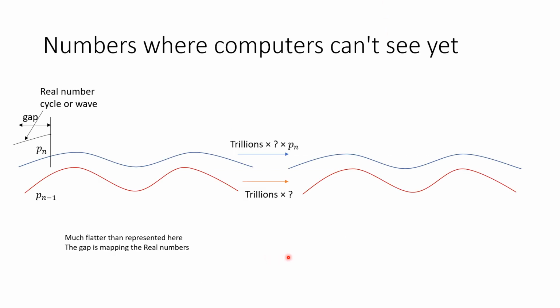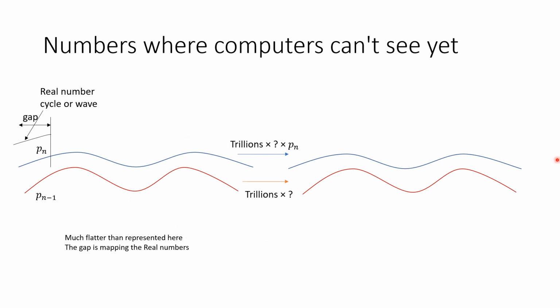Okay, this sketch is not representative in size, neither the gap, but we have here Pn and Pn minus 1. They're gonna look very similar, as you can see now. But this is at huge numbers, of course. The one on top is gonna be Pn times the one on the bottom. The blue one is gonna be Pn times the red one.